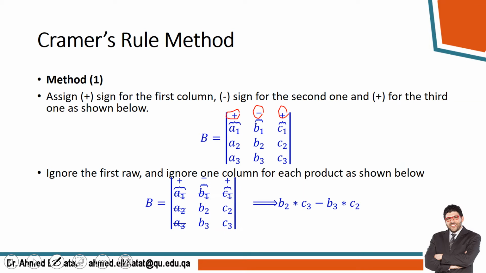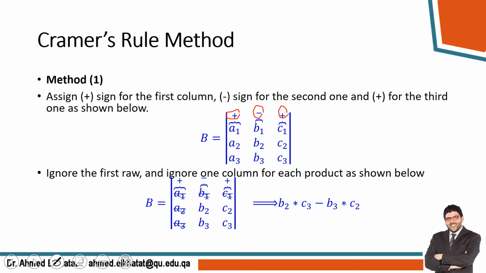If you have more columns, you continue alternating plus and minus, but we'll start with 3. We will have 3 terms for this one, so we'll go one by one, starting with the first.